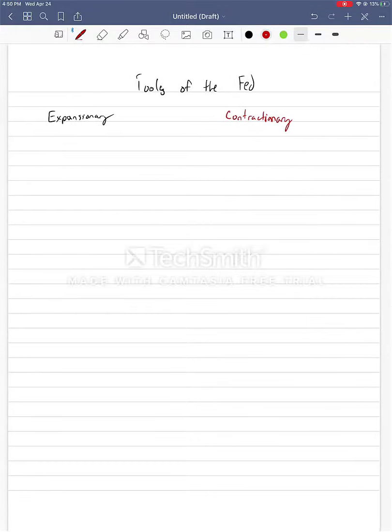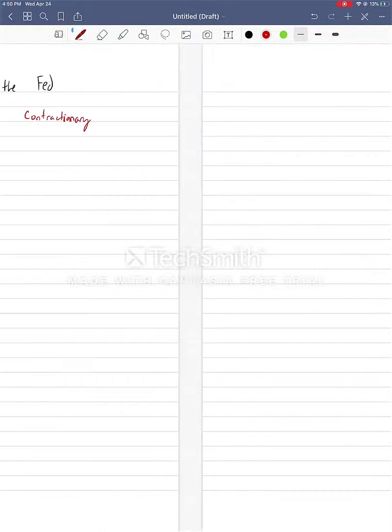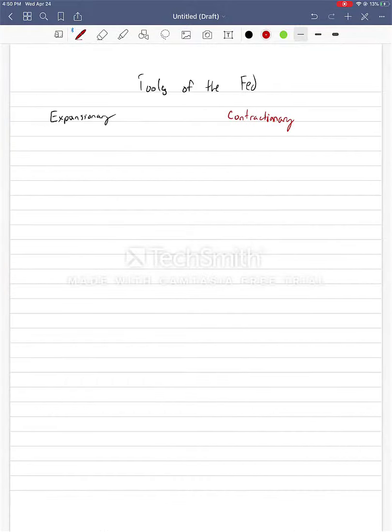Let's look at the three different tools that they have, and then we're going to add them in to look at what they do in each case to either increase or decrease the money supply.